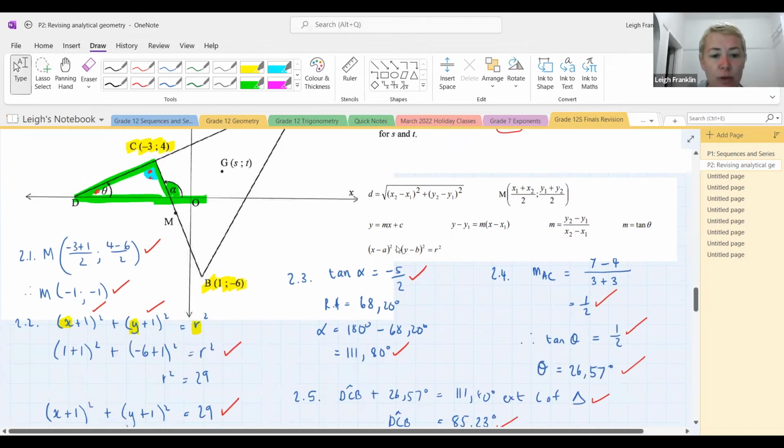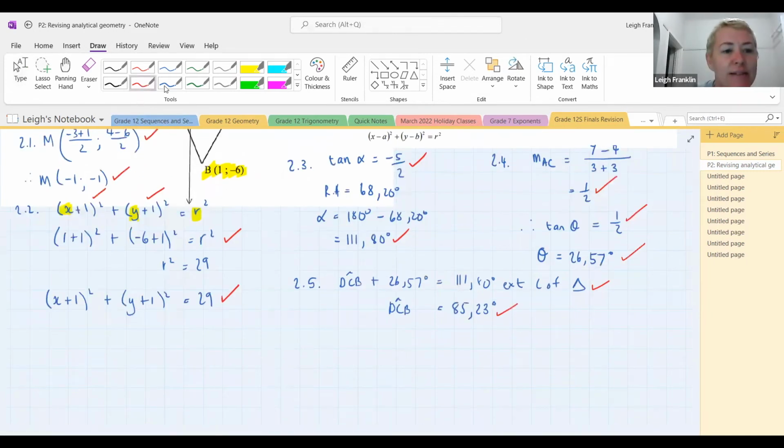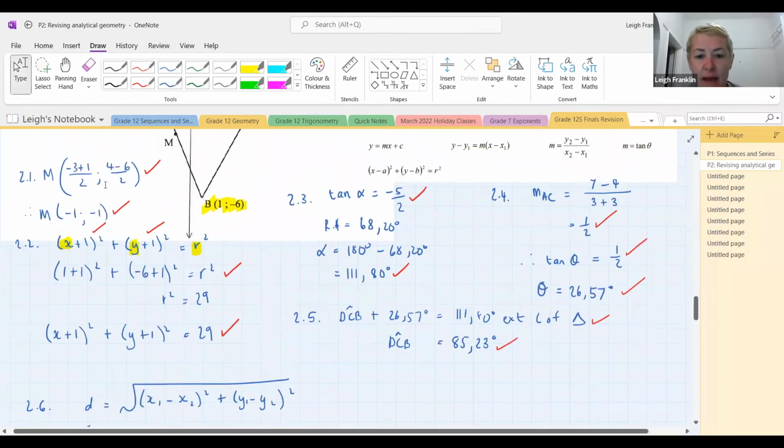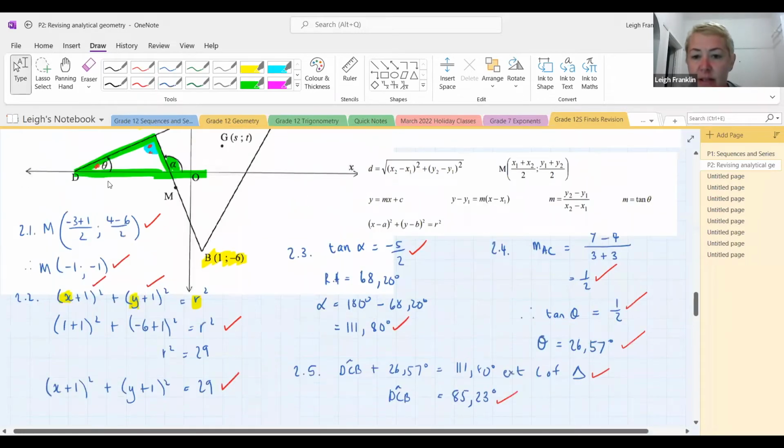We're going to use the distance formula. Distance equals the square root of the difference in our x's squared plus the difference in our y's squared. Root 17 goes over here, as that is the length of GC.